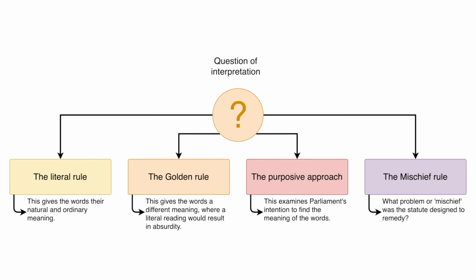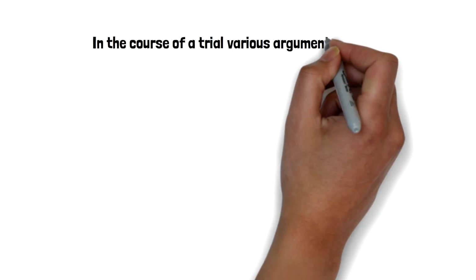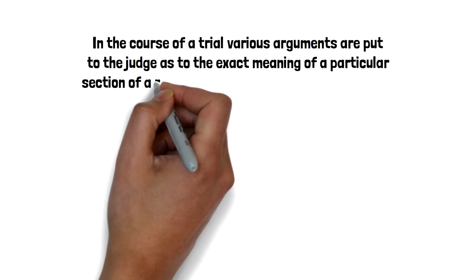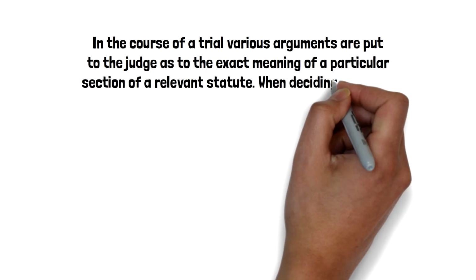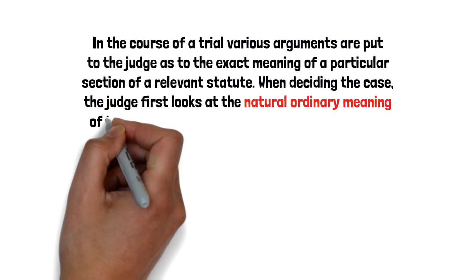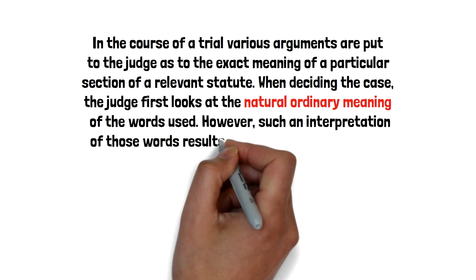Here is a sample question from the SQE for this topic. In the course of a trial, various arguments are put to the judge as to the exact meaning of a particular section of a relevant statute. When deciding the case, the judge first looks at the natural, ordinary meaning of the words.